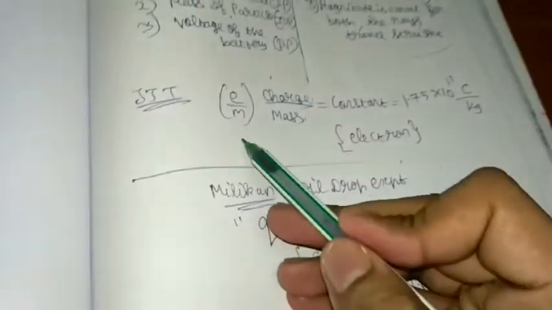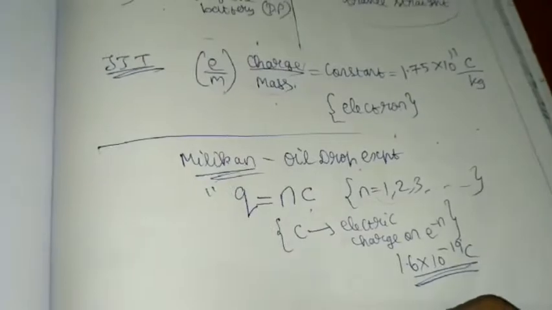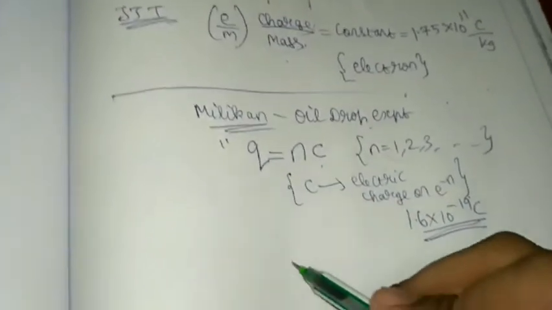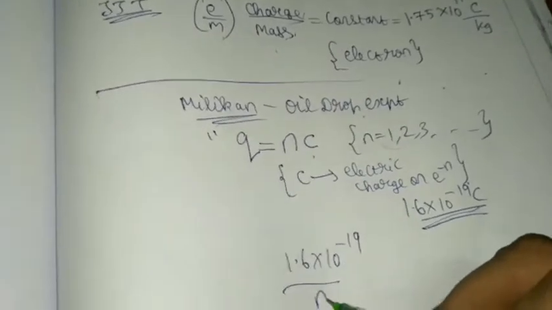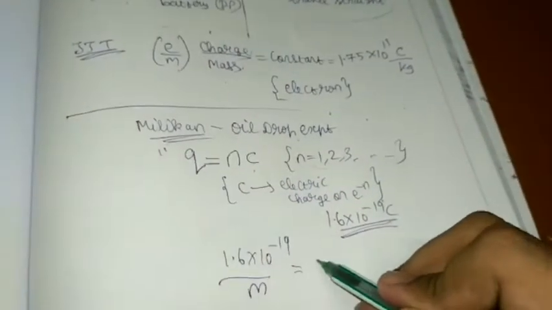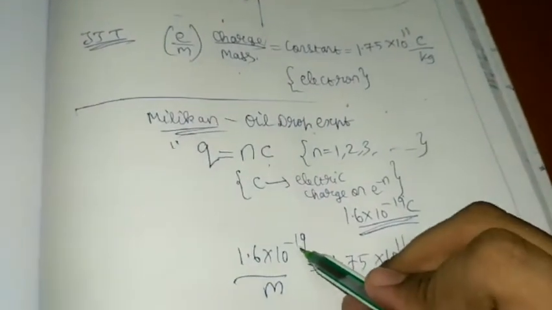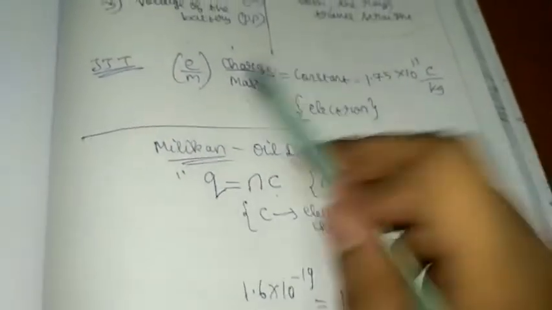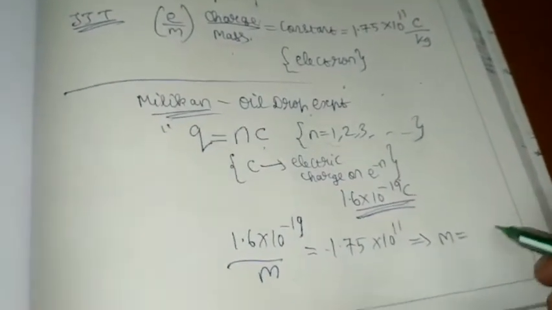Now you realize this e is 1.6 into 10 power minus 19 coulomb. So this 1.6 into 10 power minus 19 divided by the mass gave this 1.75 into 10 power 11. This same thing I have written, right? From this, the mass was also found. See how beautiful it is.